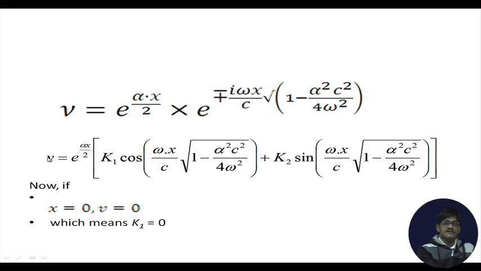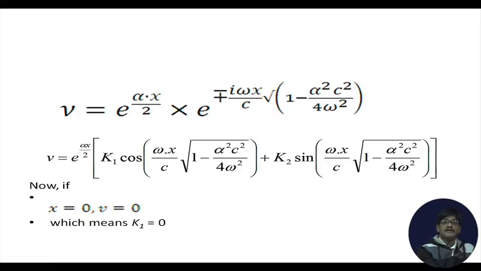Because if we put x equal to 0 here, it becomes cos 0. Cos 0 is 1, so it survives, but sin 0 is 0, so this one gets cancelled out. This is gone, and we have the expression after x equal to 0 and v equal to 0 has been put in. 0 is equal to e to the power something into k1. That's all.